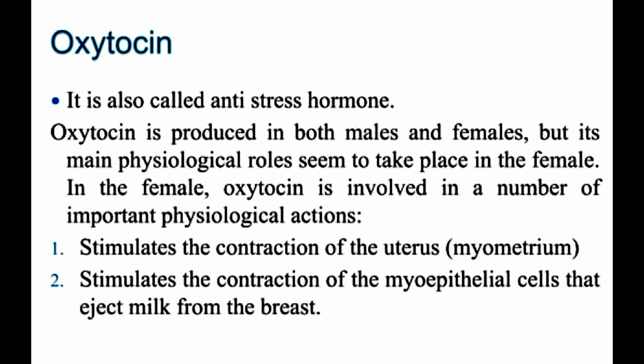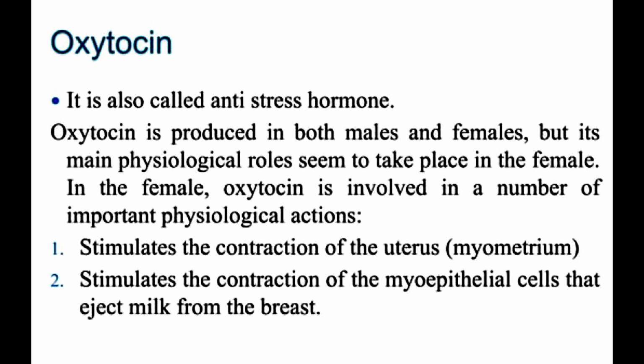It causes ejection of milk from the mammary glands. Ducts of mammary glands are lined by myoepithelial cells. It causes contraction of the myoepithelial cells, which causes flow of milk from the alveoli of the mammary glands to the exterior through the duct system. Oxytocin secretion increases during labor. It will enhance labor by causing contraction of the uterus.